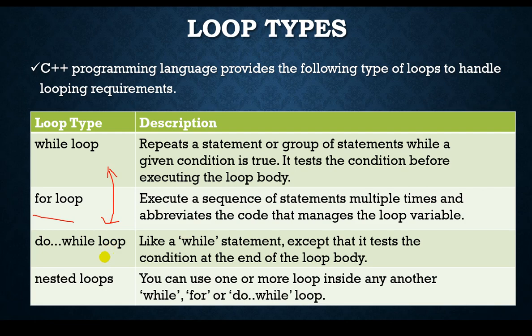Do while, do before you complain. So you do before you go and check and come back. We also have nested loops, where we can combine all these loops in one application to perform a certain task when the need arises.